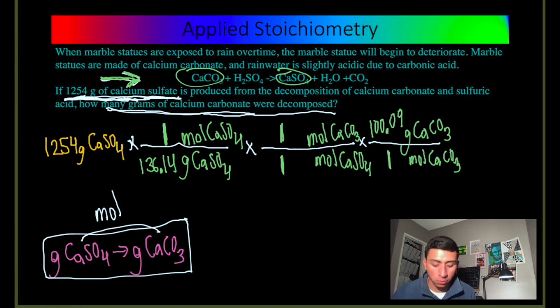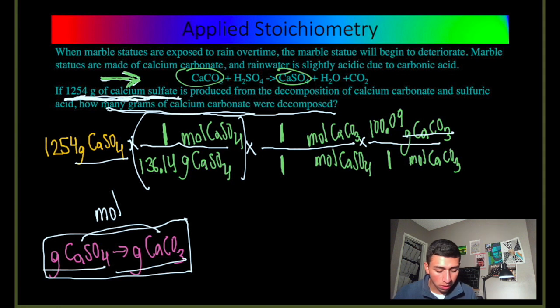That is its molar mass once again. And so we're done now with our problem setup, because as you can see, we started with grams of calcium sulfate, and we ended with grams of calcium carbonate. That was our goal, and that's what we did already.